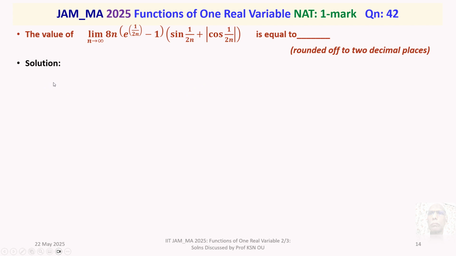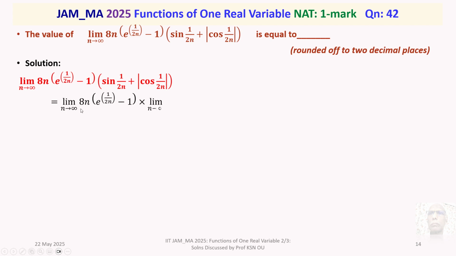Take that. Limit of that is equal to limit n tends to infinity of 8n into (e to the power of 1 by 2n minus 1) multiplied by limit n tends to infinity of (sin 1 by 2n plus mod cos 1 by 2n). Limit of the product is equal to product of their limits. Agreed.